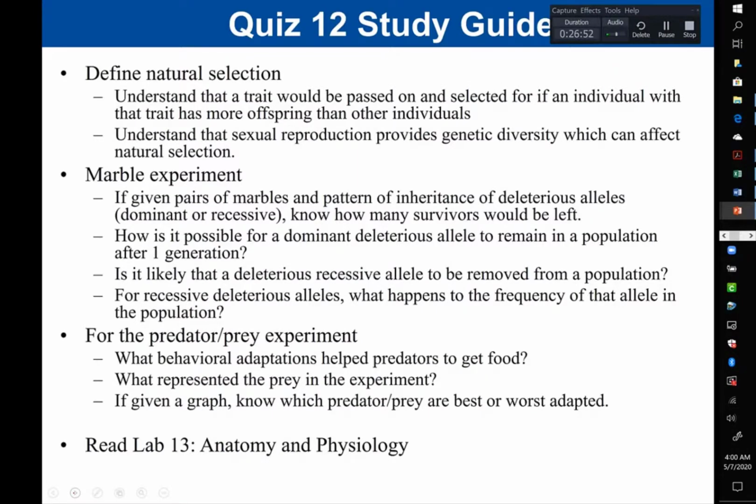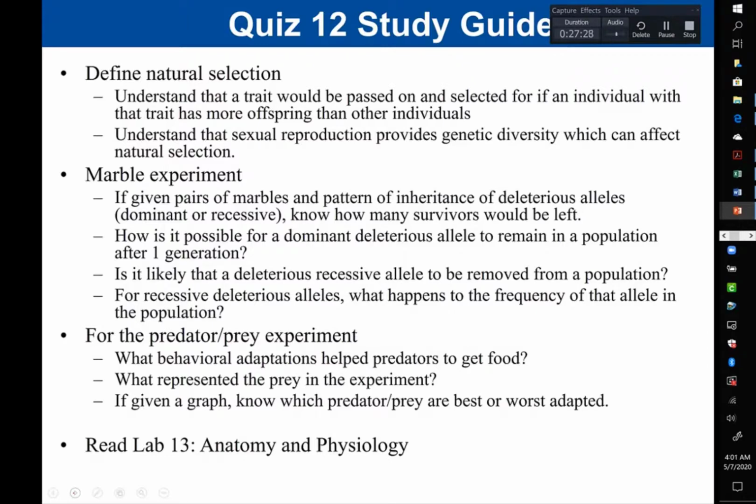So it is possible for a dominant deleterious allele to stay in a population after one generation, but in our experiment, we only saw it in one because we assumed that they died off right away. Is it likely for a deleterious allele to be removed from a population? And we said that no, it's not very likely, right? Because in order for it to be removed completely, heterozygous individuals are going to keep passing on that trait and it's going to stay in the population.